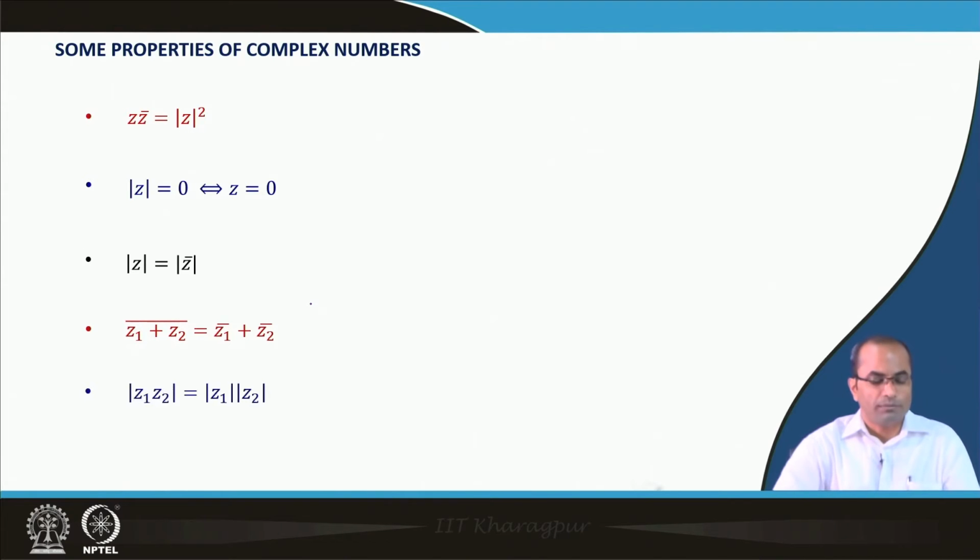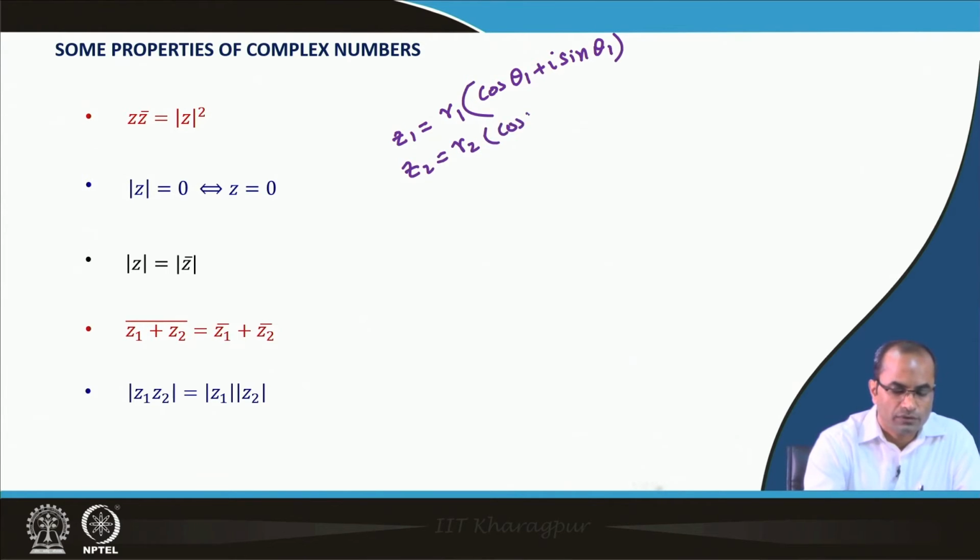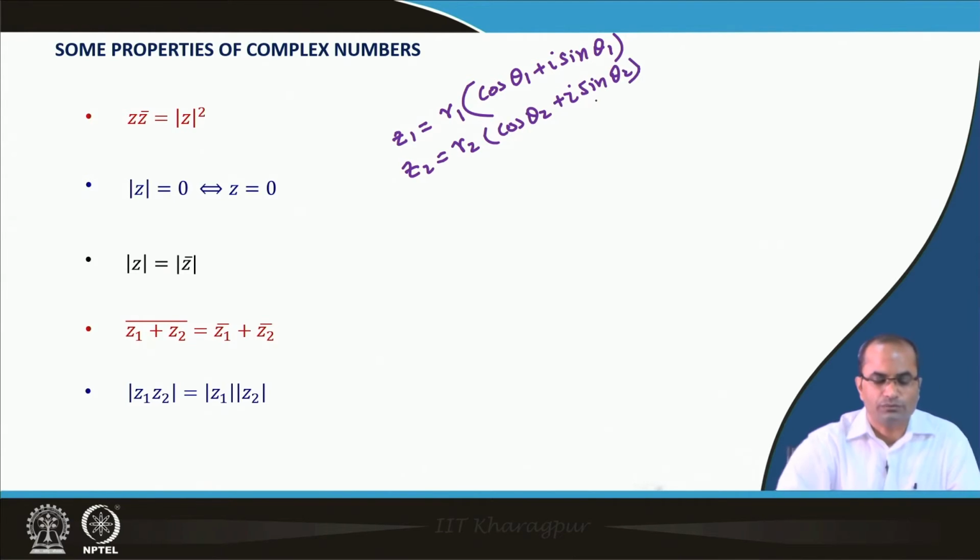Coming to the next property, we have the product z1 z2, and the modulus of z1 z2 is equal to the modulus of z1 times the modulus of z2. Concerning this property, we will take z1 for instance in the polar or trigonometric form, r1 times cos theta 1 plus I sin theta 1, and z2 as r2 times cos theta 2 plus I sin theta 2.